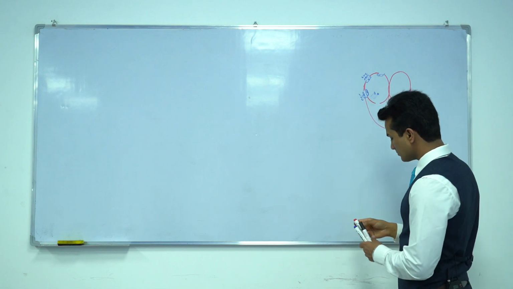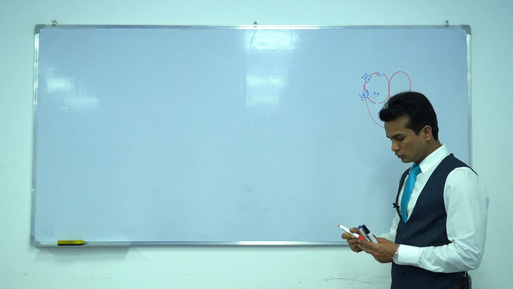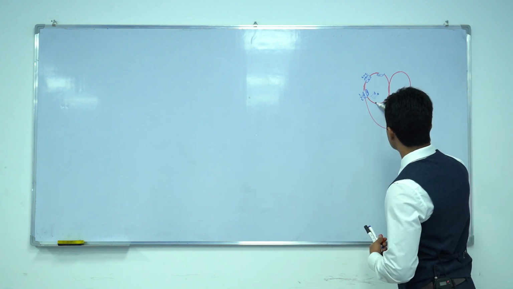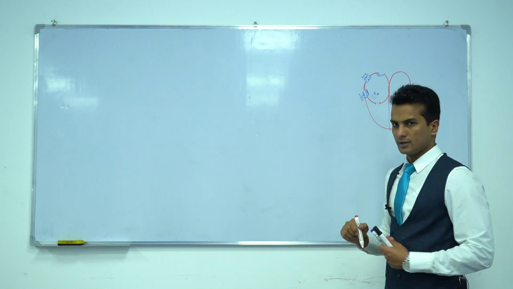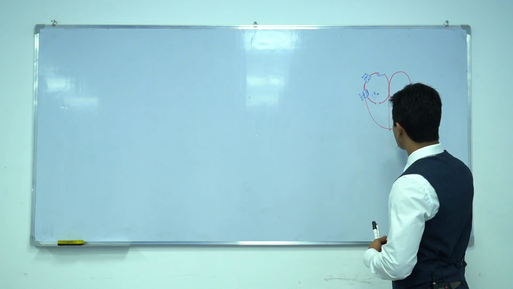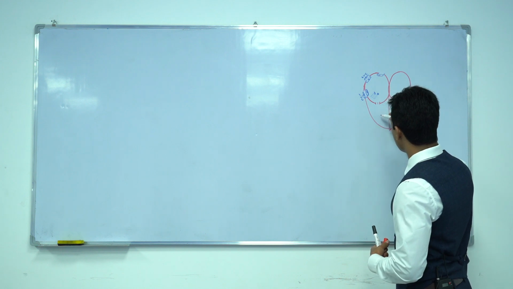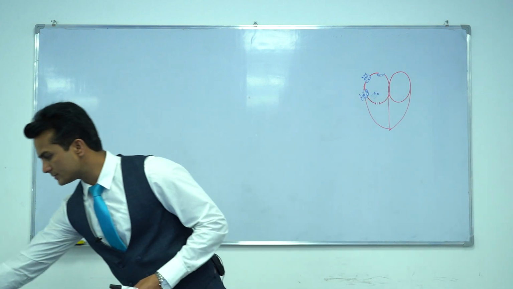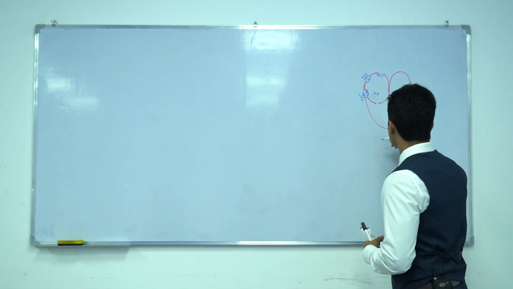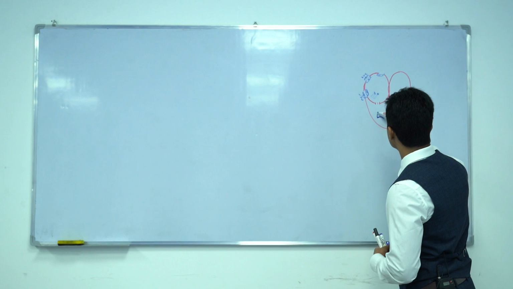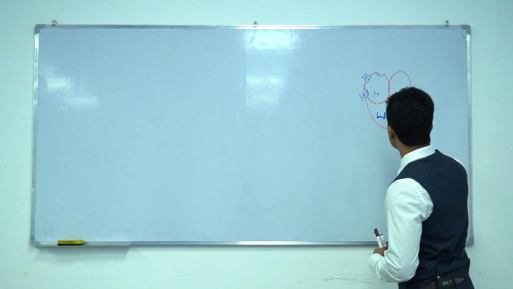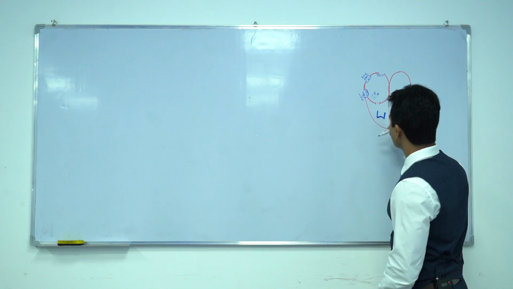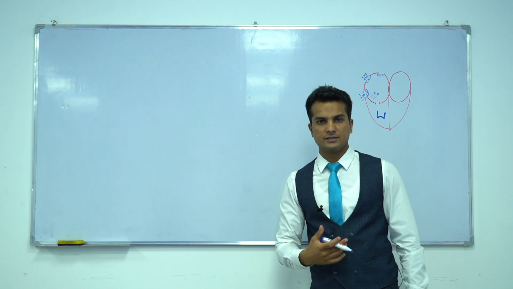So now this right atrium has deoxygenated blood, and then it enters your right ventricle through which valve? Through the tricuspid valve. This valve has three cusps, okay? Through the tricuspid valve it enters the right ventricle, and from the right ventricle you have to transport this deoxygenated blood to your lungs for oxygenation, okay?